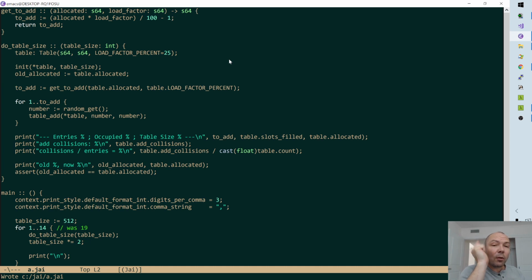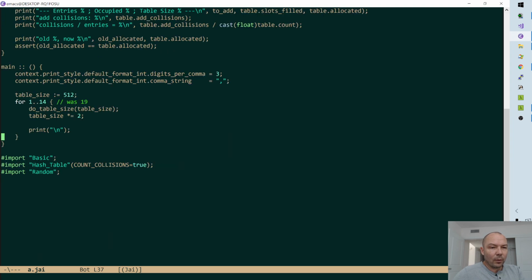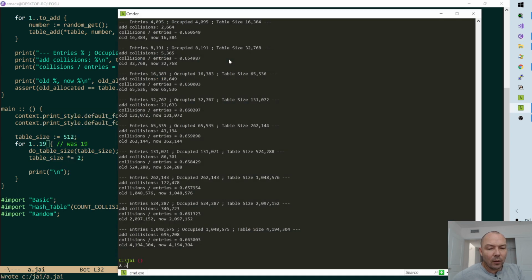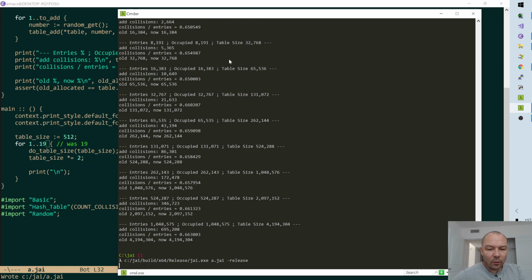Now, the mystery is, guys, here's what I don't understand. Jimmy Wales seems to be telling us that we're supposed to get more collisions as we go back up, but we are not necessarily getting that, right? So let's do a release build of this.